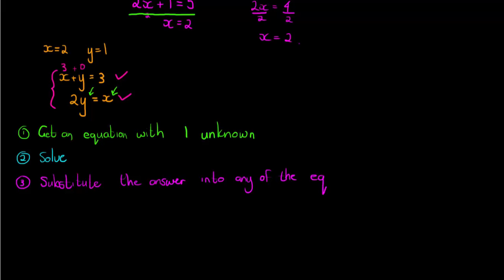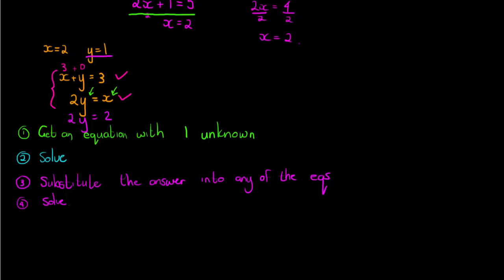If I worked out x is equal to 2, then I can just substitute x is equal to 2 into the equation, and when I divide both sides by 2, I get y is equal to 1. So if I have one of them, it's very easy. I just solve that one, and then I substitute it into the other equation, and obviously I then solve that one as well.